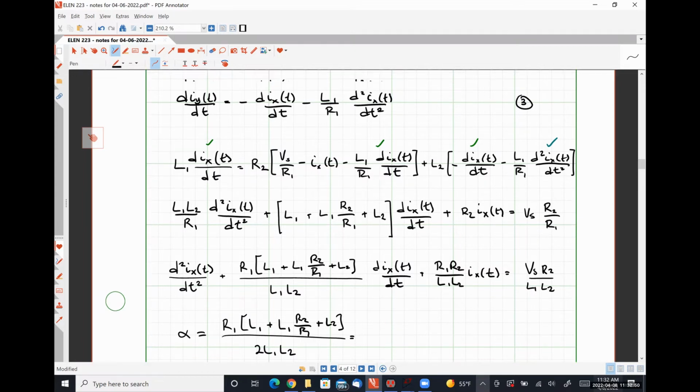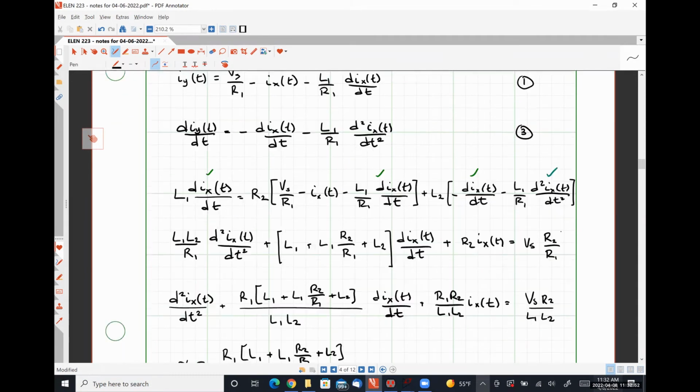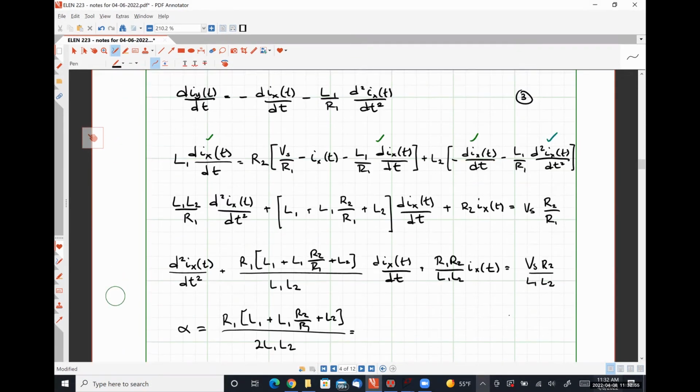So R1 was the 4 ohm resistor, all right? So we're going to have 4 times 2 plus 2 times 6 over 4, plus another 2, divided by 2 times 2 times 2. So I get 3.5 nepers per second.